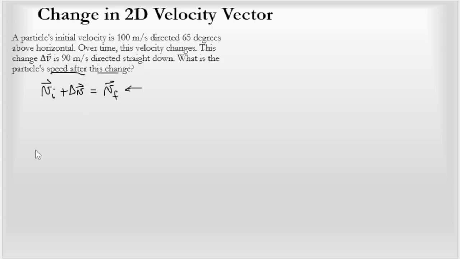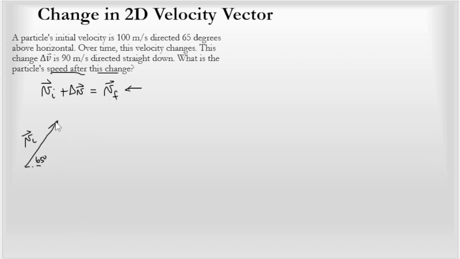It says that the initial vector is 100 meters per second directed at 65 degrees. So let me draw that in here. Here's V initial. I'm just going to put this 65 in here above the horizontal, and that's 100 meters per second. The delta V is 90 downward.